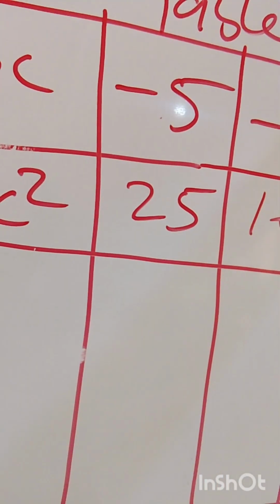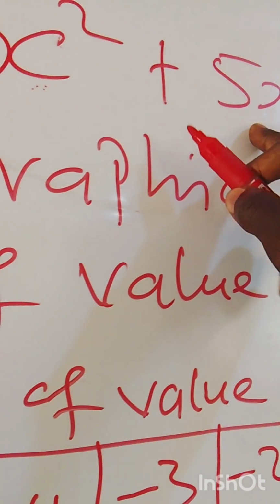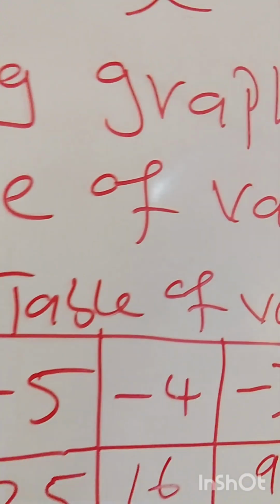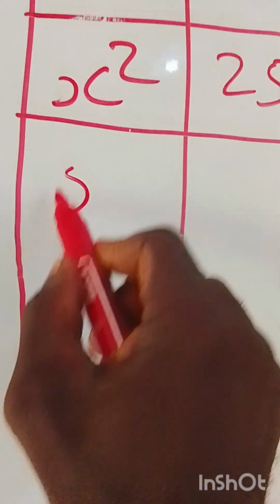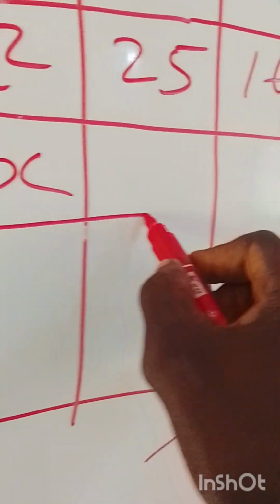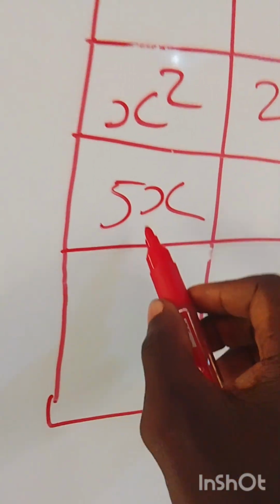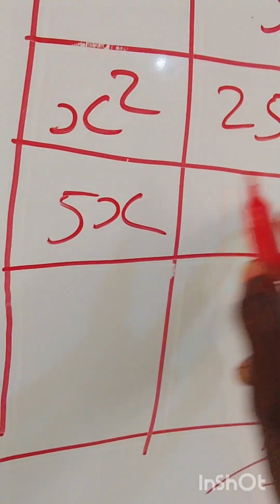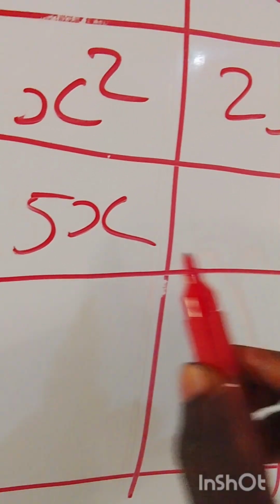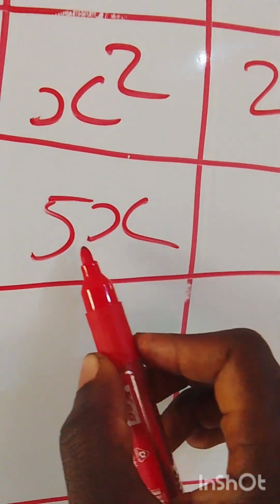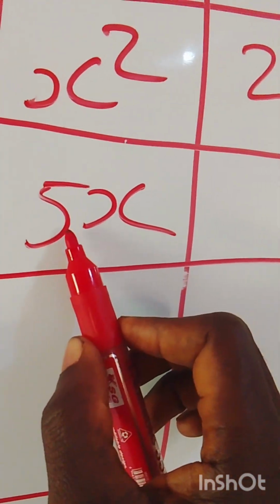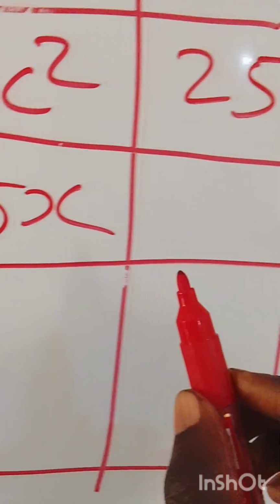Now we solve for the 5x column. We fill up our 5x column. Now, how will you fill up this space? The logic is this. You were asked to multiply 5 by x.